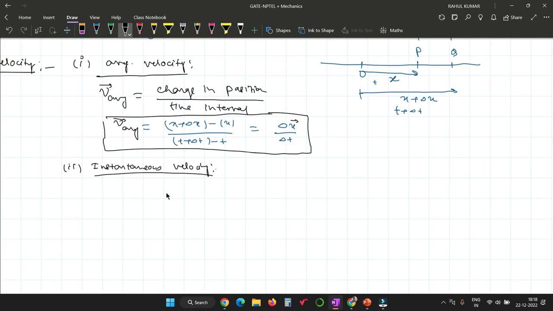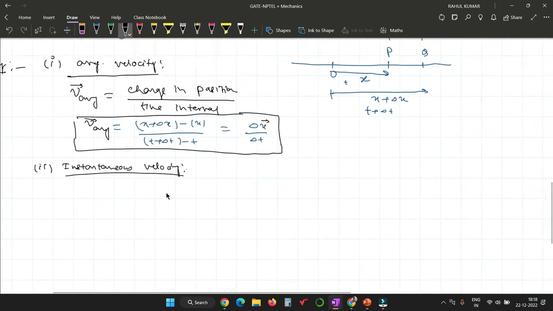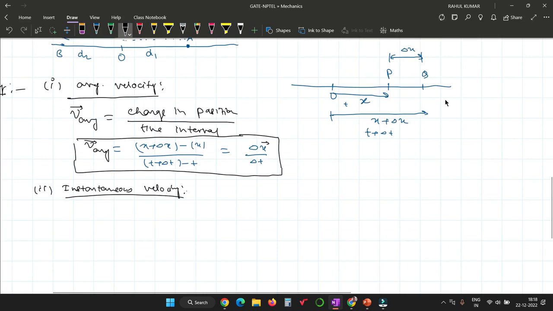Suppose I am reducing the time gap between point P and Q. What does it mean? It means I am trying to identify a fixed point. I want to find the velocity at a certain, fixed time.